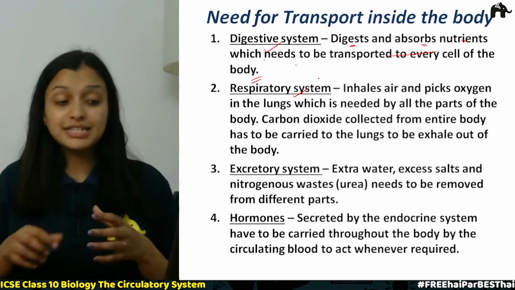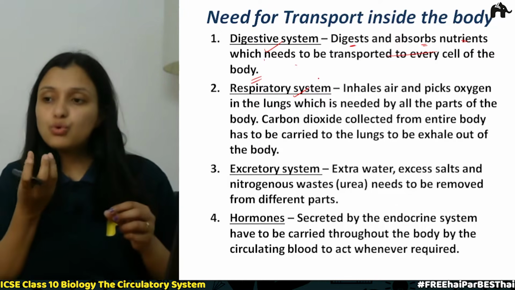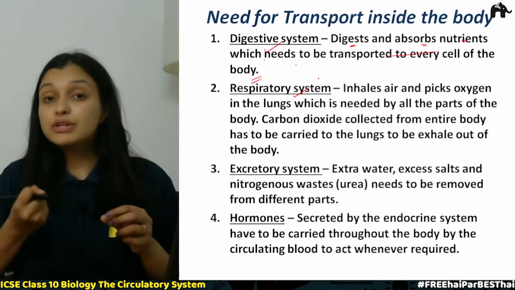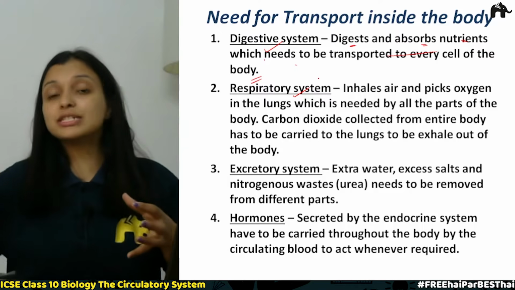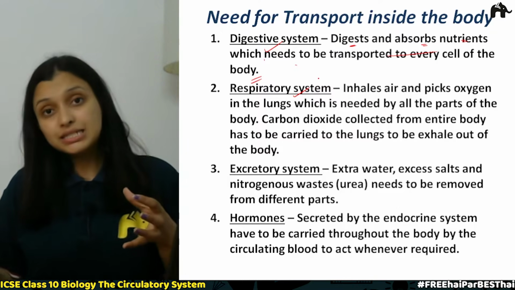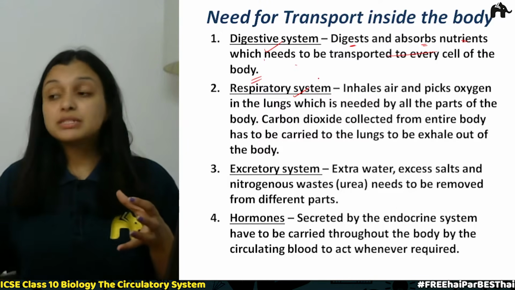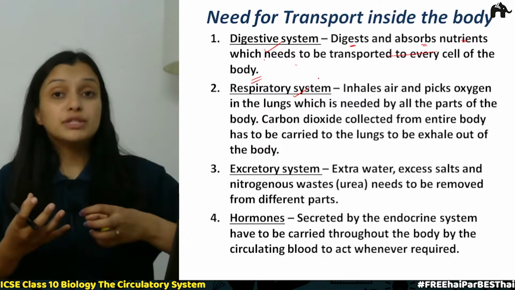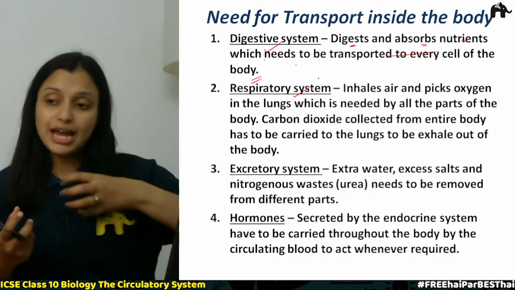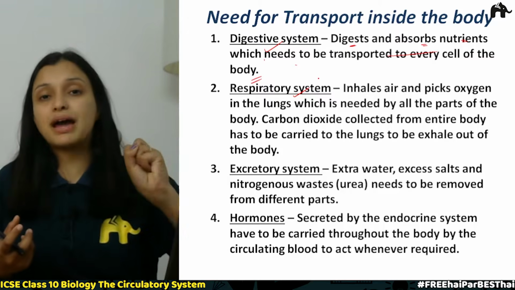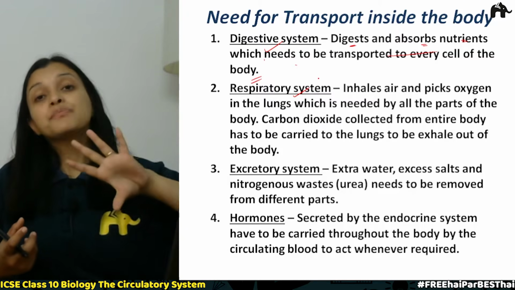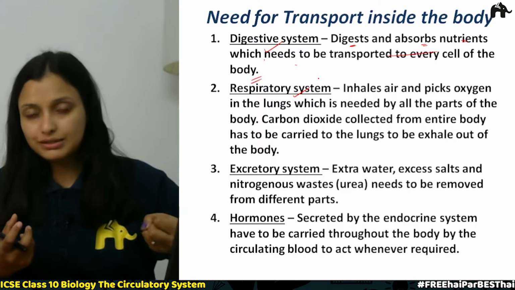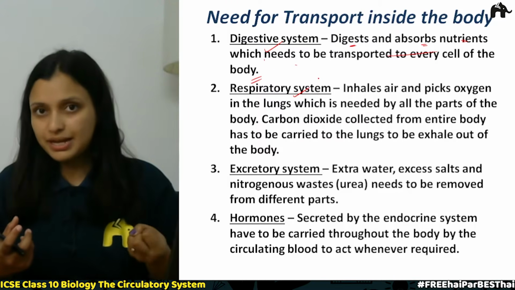There is a fluid inside our body which takes this oxygen to our cells, and in turn, when respiration happens, carbon dioxide is released by the cells, which is a byproduct that is very toxic to our body. That also needs to be transported back to our lungs so that our body can get rid of that toxic substance, that is carbon dioxide.